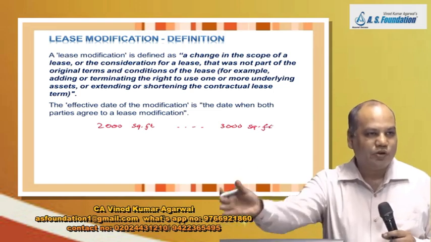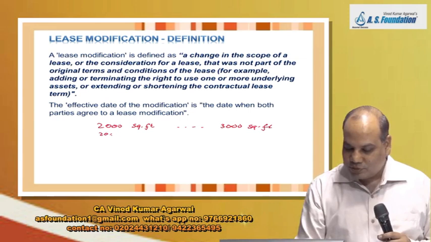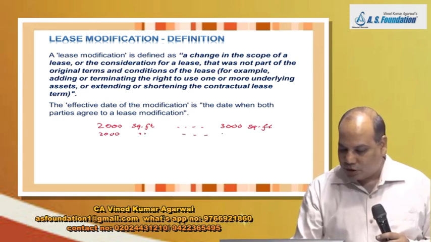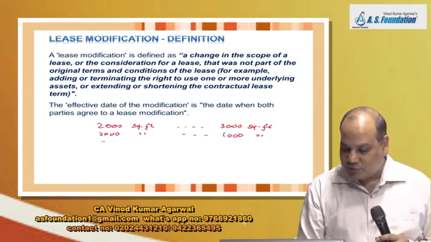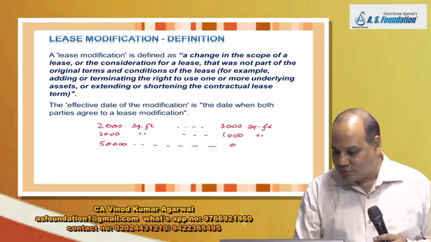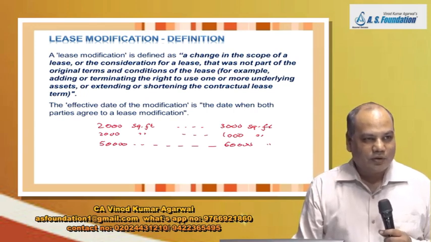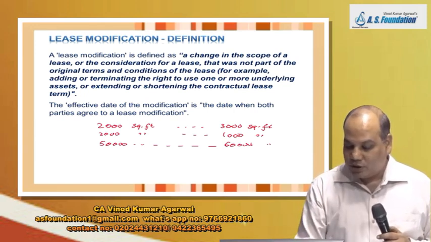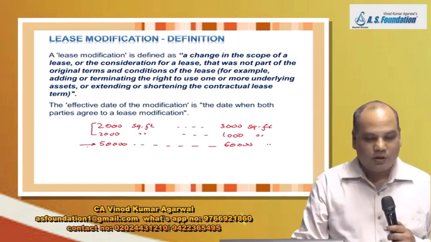I will take 1,000 more adjacent office. Or reverse, 2,000, you say no, I don't require so much, maybe 1,000. Or the rent was 50,000 and then they increased it to 60,000, which was not in the original contract. So here, even though the scope does not change, there is a modification in the lease.